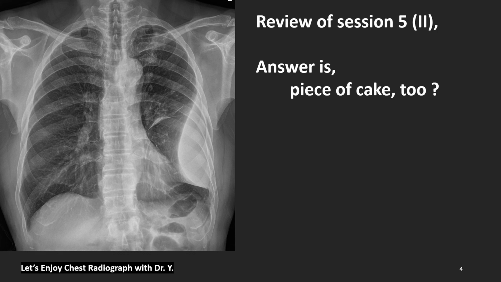Review of session 5. Question number 2. What is the left lower lesion? What is the Mach band effect, and what is the image of the shape of this lesion in your mind? The answer is a piece of cake too.